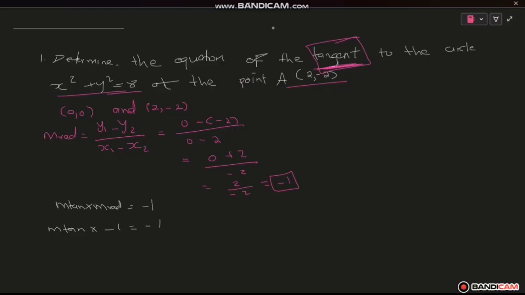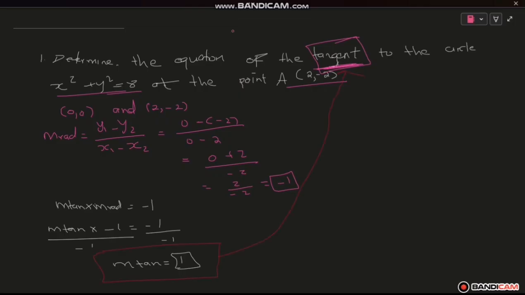Then you can make m tangent the subject of the formula by dividing both sides by -1. Now we have m tangent as +1. So this is the gradient that we must substitute on the formula of the straight line, the tangent. Very, very important.